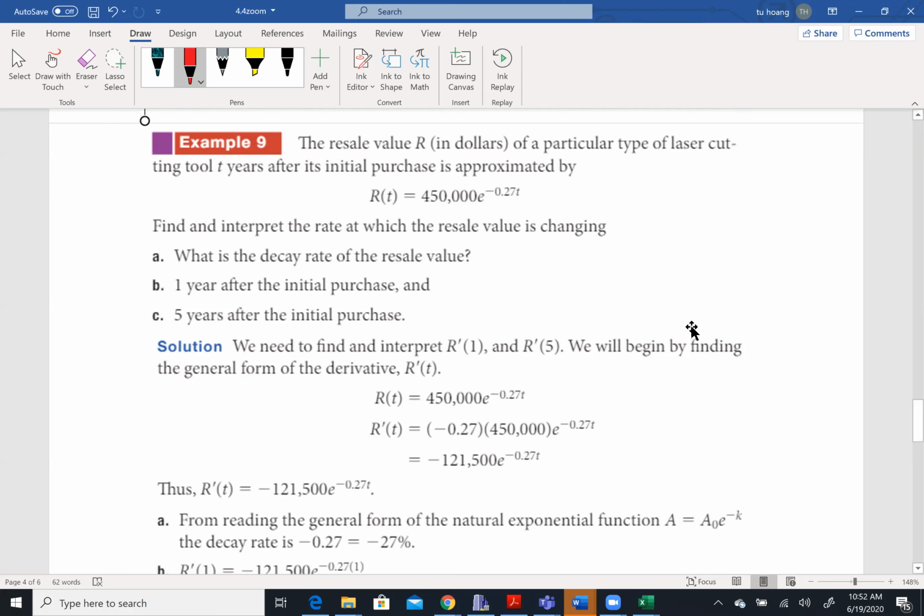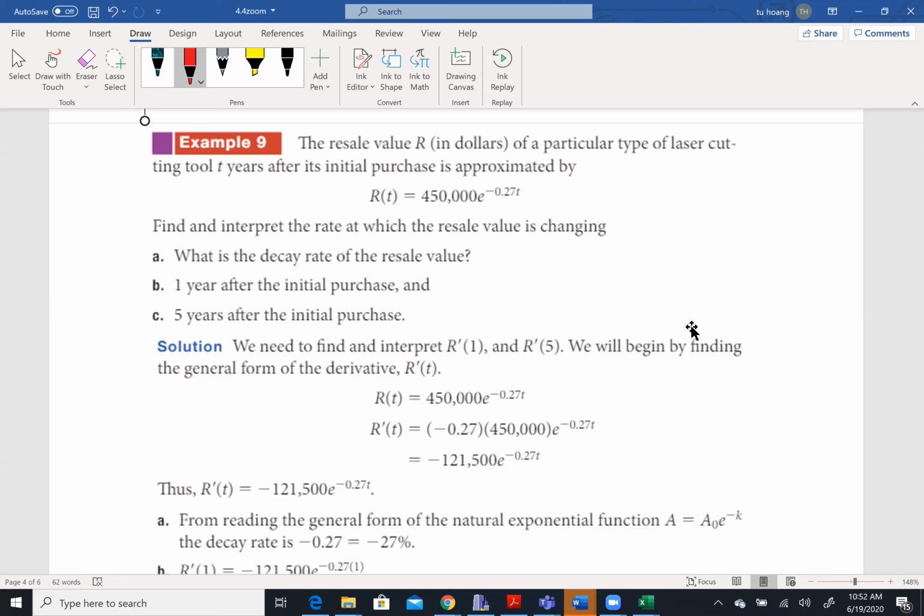Example 9 is word problems, and that may appear in your quiz or homework later. So you should try to know how to present these problems in writing, because you need to show the work in the quiz, something like that, right?